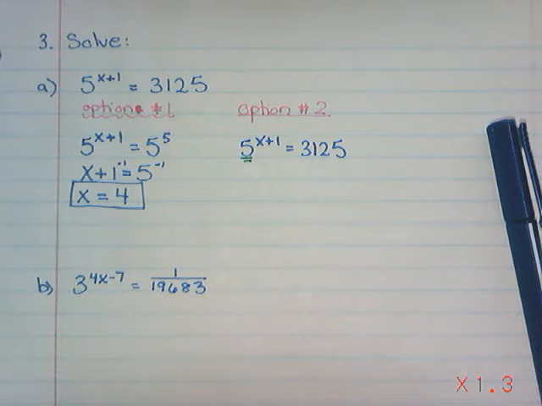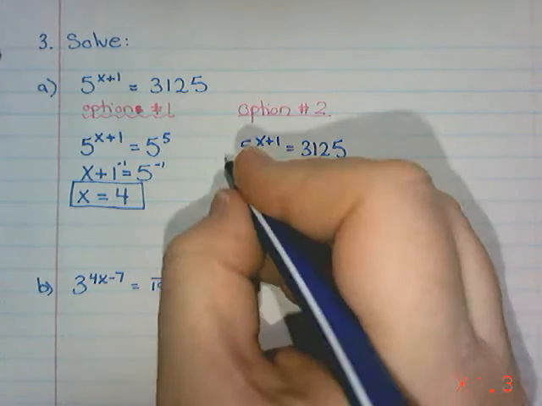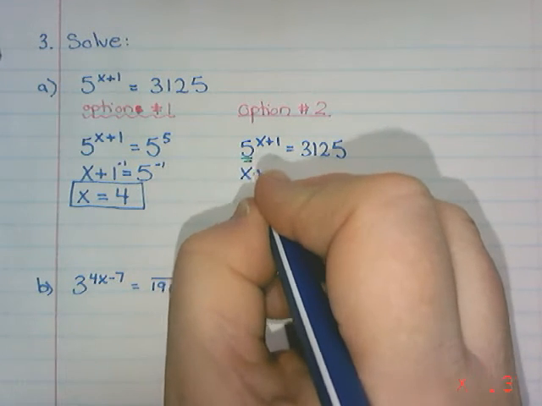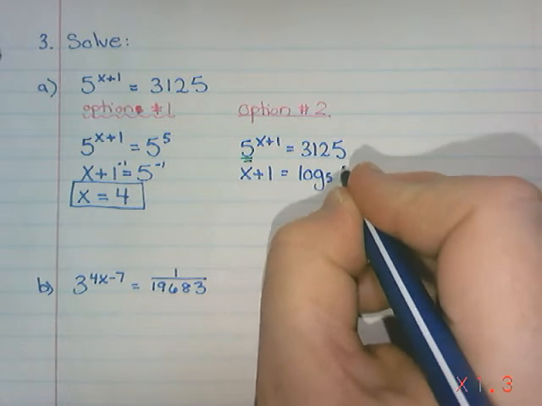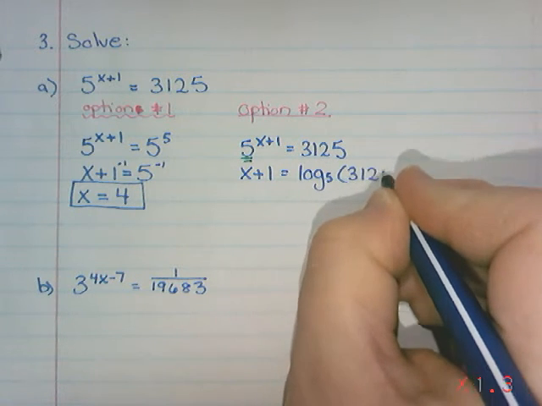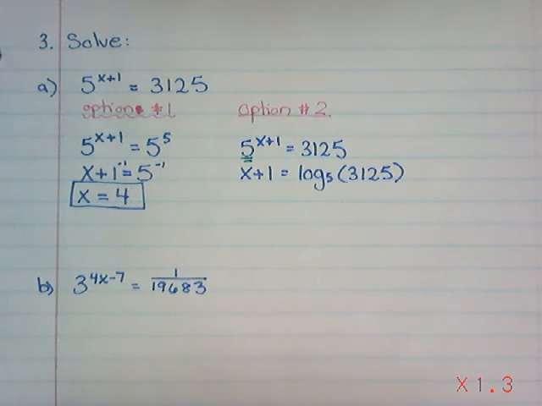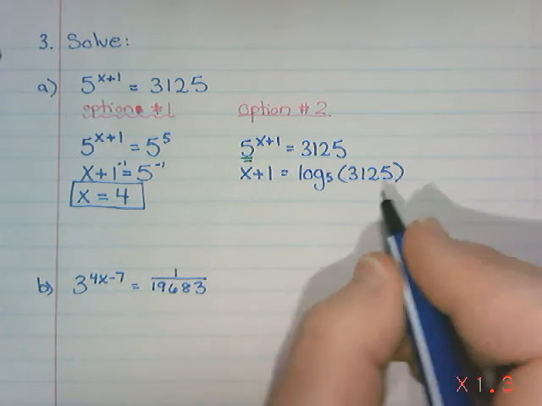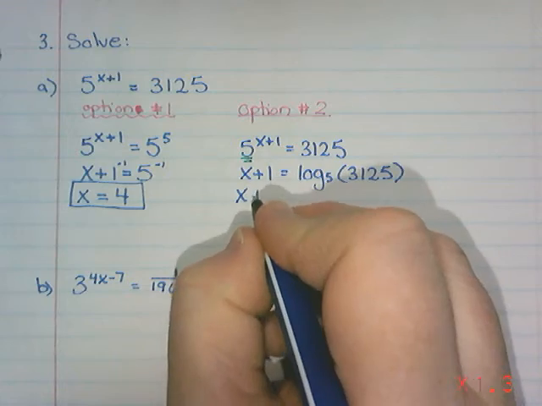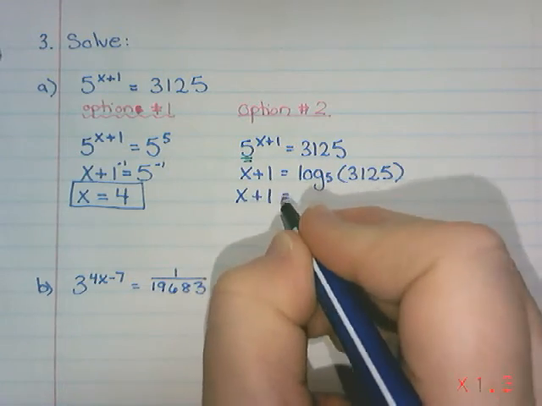So the inverse of a power with a base of 5 is a log with a base of 5. So this would become x plus 1 equals log base 5 of 3,125. And then I would evaluate log base 5 of 3,125.